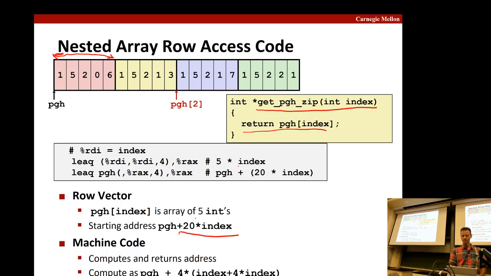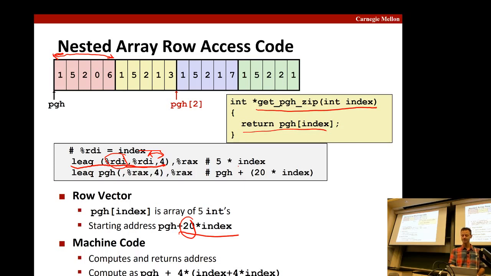Multiplying by 20, the compiler is smart enough to figure out how to do that in just 2 steps that don't involve an integer multiply. The first thing it does is use our friend the LEA instruction. If you remember the addressing mode, it takes this quantity and adds it to the product of these 2 things. Since I gave it RDI in both cases, that's equivalent to multiplying what's in RDI by 5.